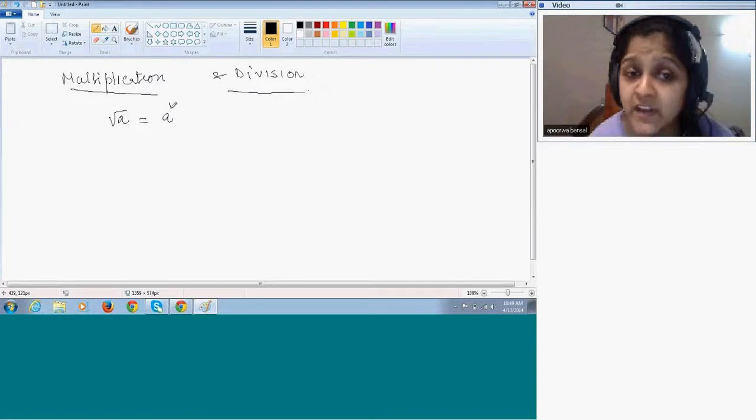Okay, root 4. What, 4 having a power of 1 over 2?